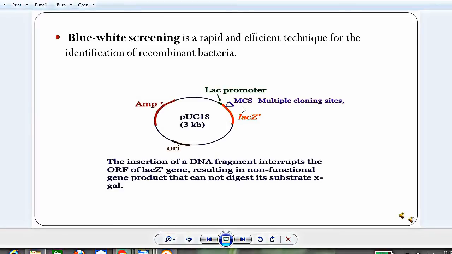Again, the plasmid also contains the lacZ marker. This lacZ marker codes for the alpha subunit of beta galactosidase. The process is also known as alpha complementation, because the alpha part is produced from the foreign plasmid.